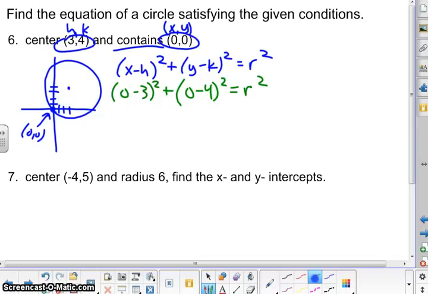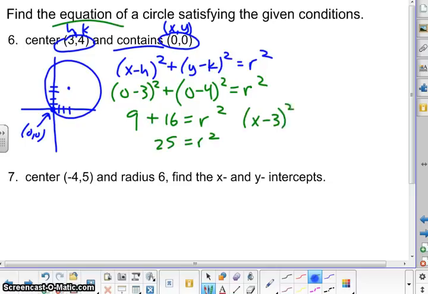So let's solve for r. -3 squared is 9, -4 squared is 16, so r squared is 25. And they want the equation of the circle. So that's x minus 3 plus y minus 4, both squared, equals 25, because r squared belongs in the back here. All right, so good job on that one. Let's try the next one.